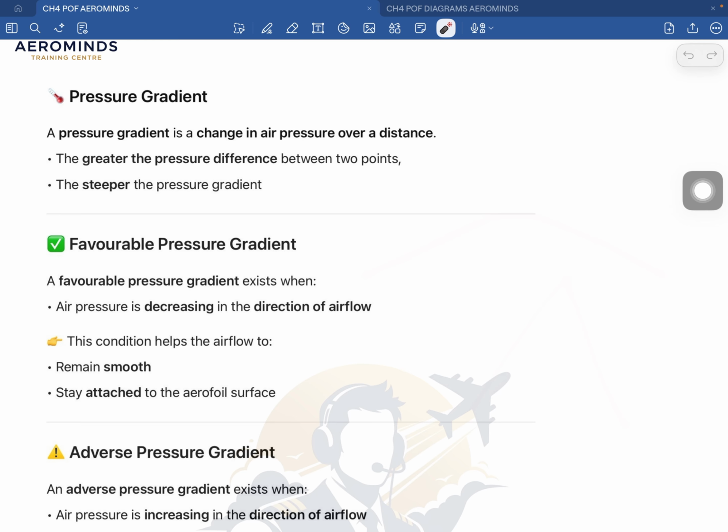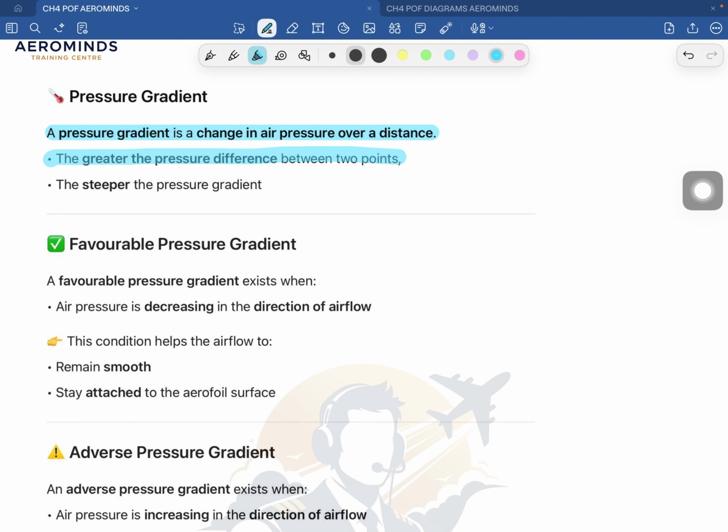So a big pressure change in a short distance means a steeper pressure gradient. Got it? Now we'll connect this to airflow over the wing or the aerofoil. So first we'll mark this. A pressure gradient is a change in the air pressure over a distance, and the greater the pressure difference between 2 points, the steeper will be the pressure gradient.